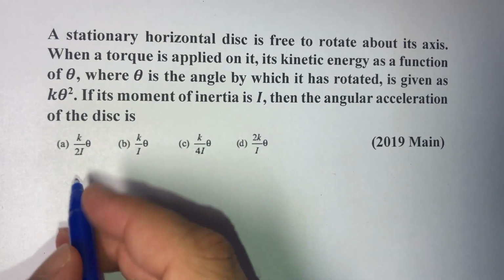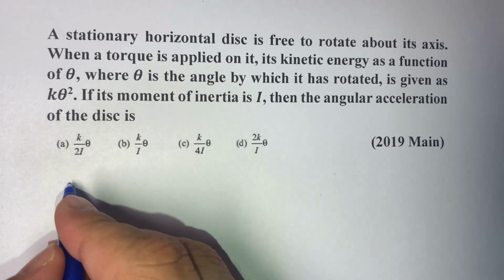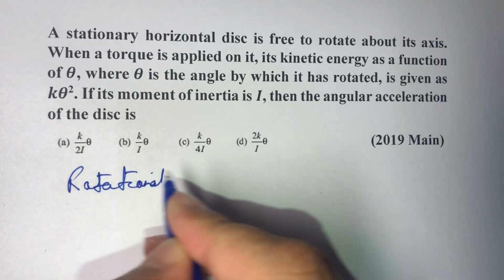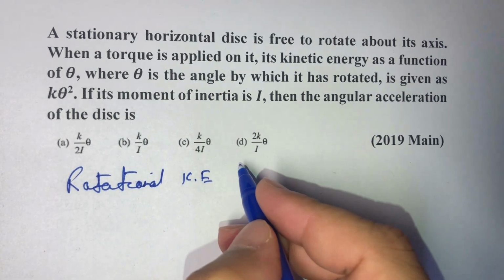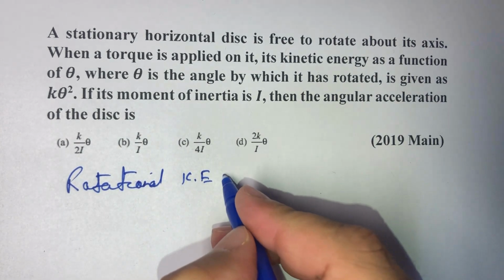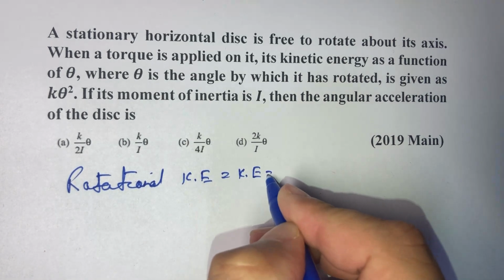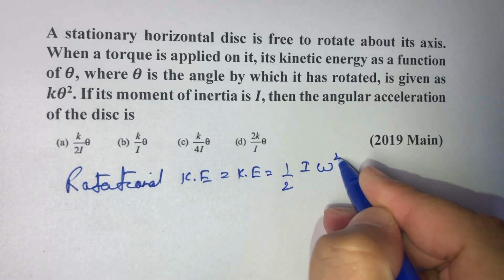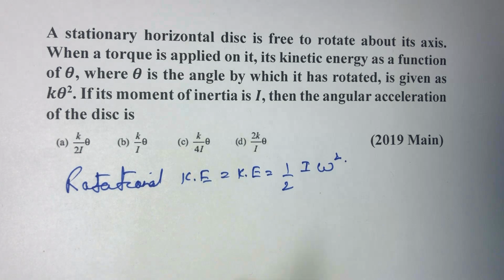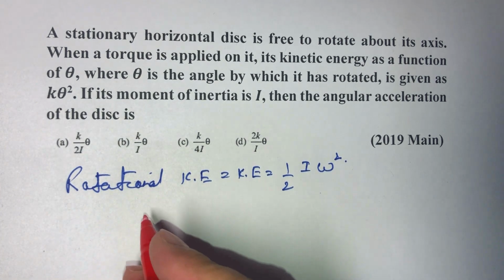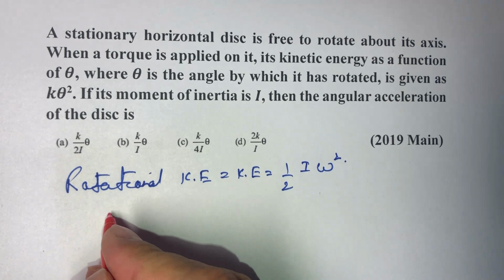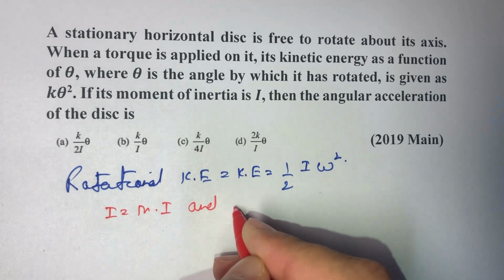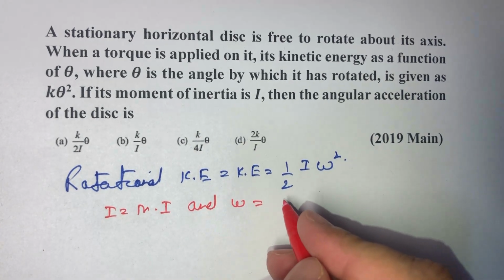So we know that rotational kinetic energy, suppose it's denoted by Ke, is given as half I omega square, where I is the moment of inertia and omega is your angular velocity.